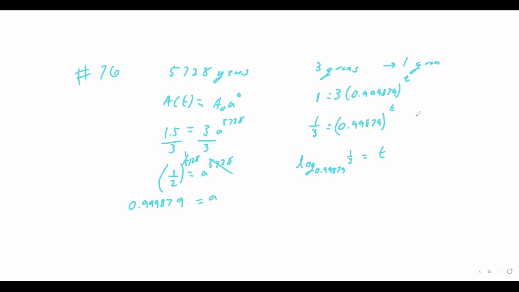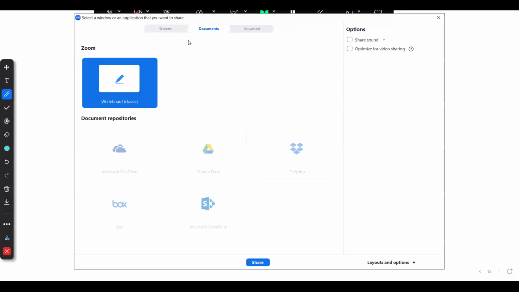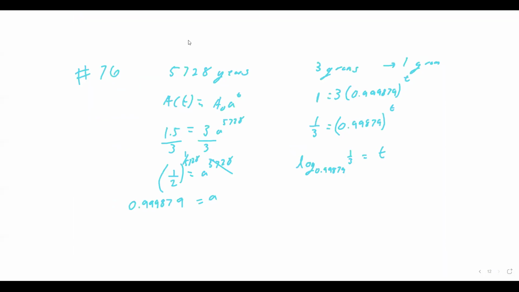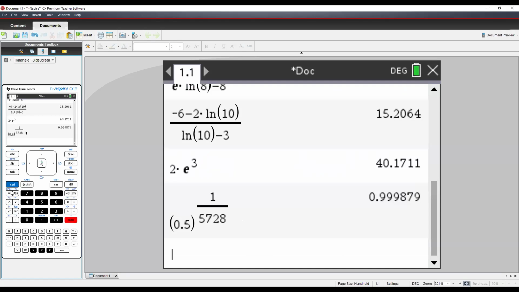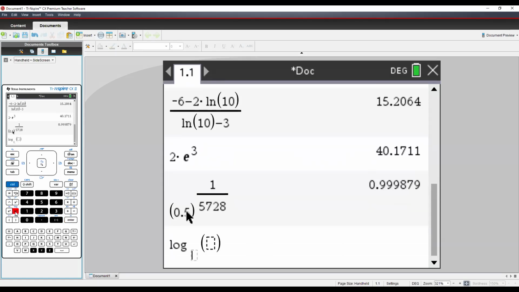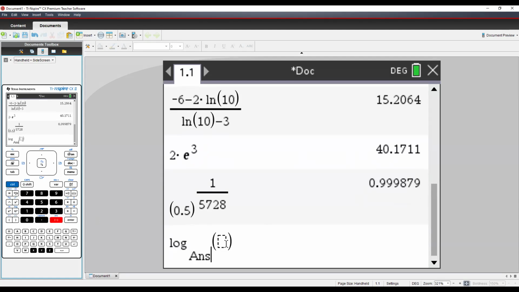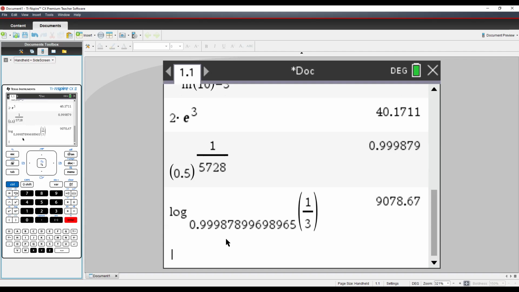So let's look at that in the calculator. I'll put the previous answer in of 1 divided by 3. And there we go, we would take 9,078 or 79 years.